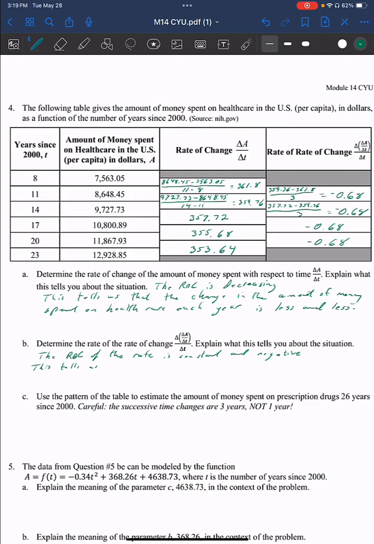This tells us that the rate of change is decreasing by a constant amount of $0.68 per year each year.